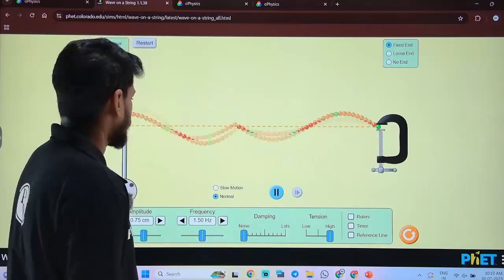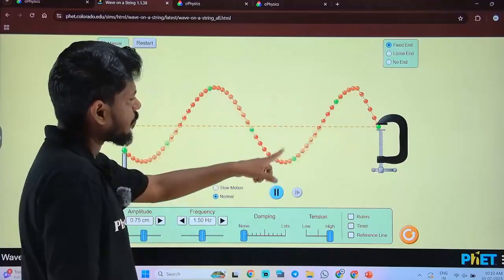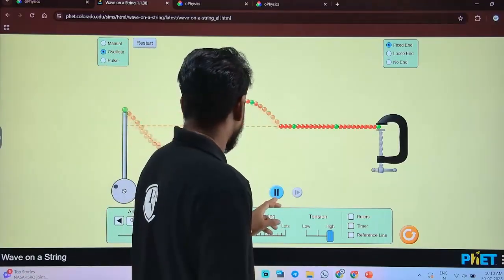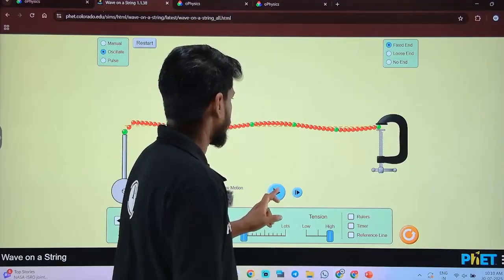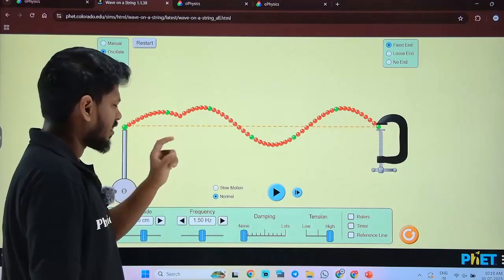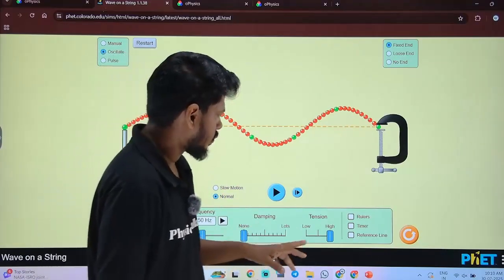Actually 1.5 is quite okay, but at some point it is getting glitched. If you see this point, there is some glitch in this, because I am unable to exactly find that.